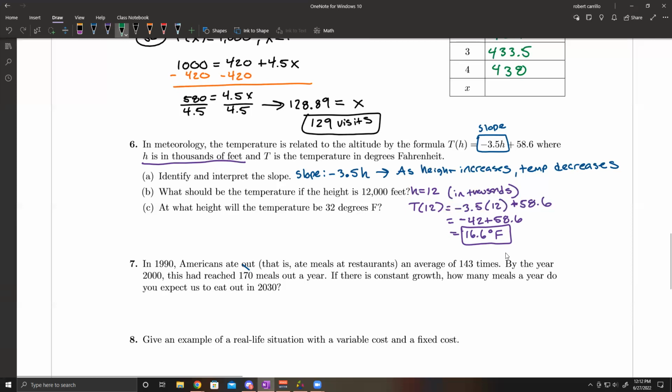So for C, T of H, at some height, is going to be 32 degrees Fahrenheit. What height will that be at? So our goal here is to solve for H. We're going to take 32 degrees and plug it in for T of H and solve for H.